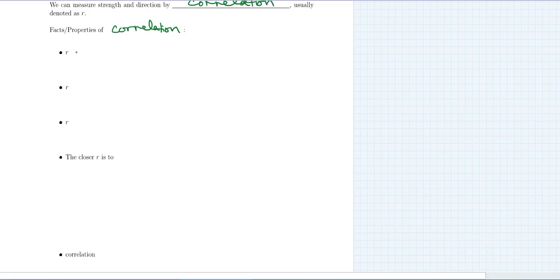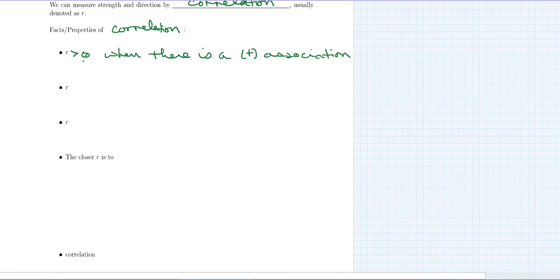The first fact or property that we want to know is that R, or our correlation, is always positive when there is a positive association. Remember when we talked about positive and negative associations, we said we could think about positive and negative slope.